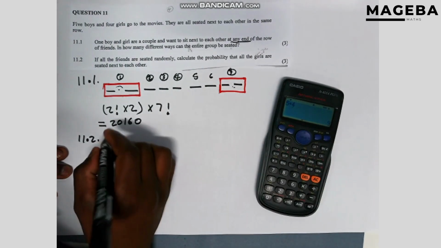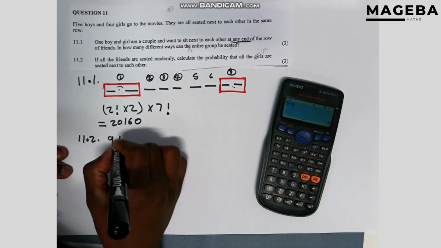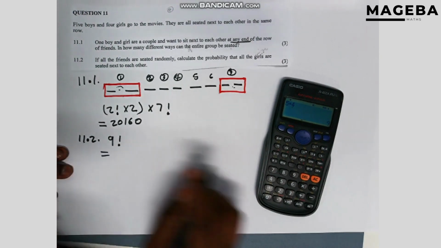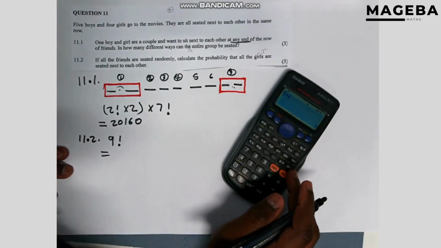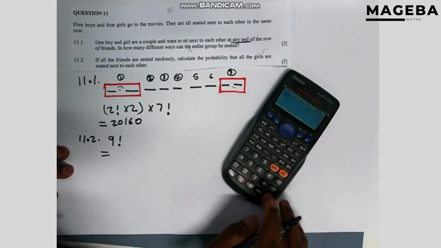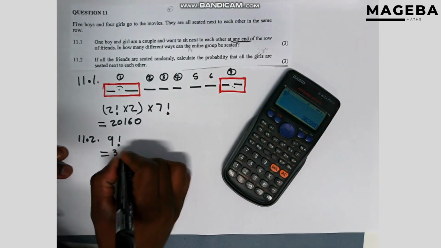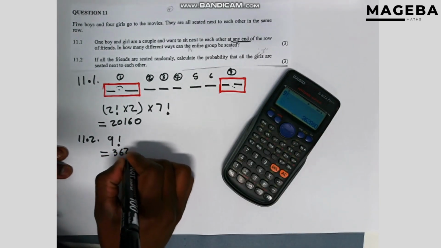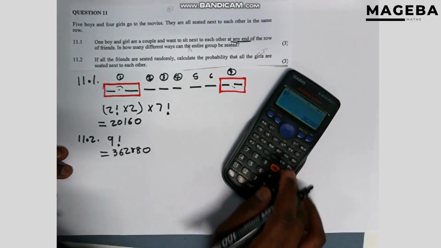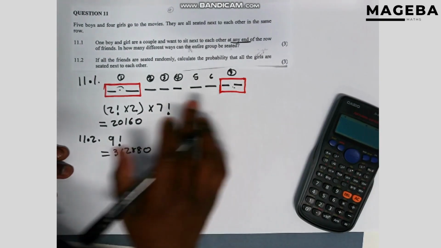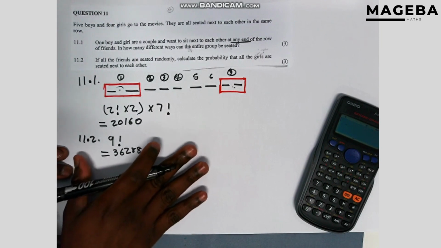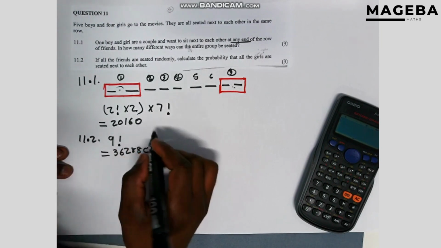There are 9 of them. If they are seated randomly, let's find the arrangement of them, which is 9 factorial, which is 362880. This is the arrangement when they are seated randomly.